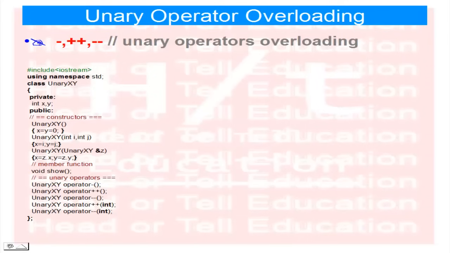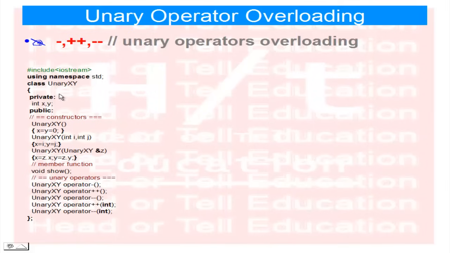Now first we start with unary operator overloading. How to overload unary operators? In unary operators we have minus, plus plus and minus minus. So first I have created a simple class for unary operators. Include iostream.h, using namespace std, and my class name is unary xy.